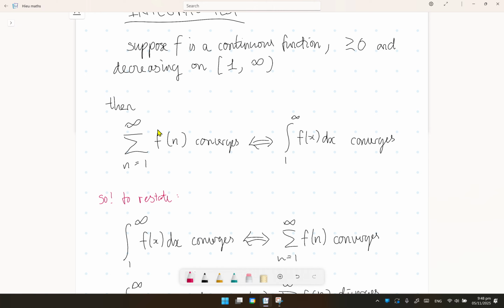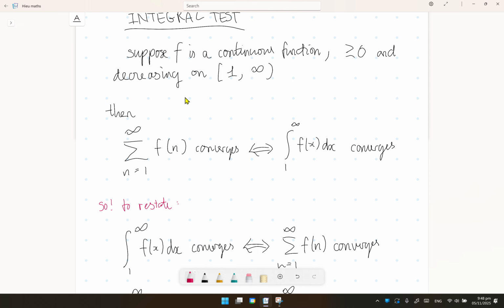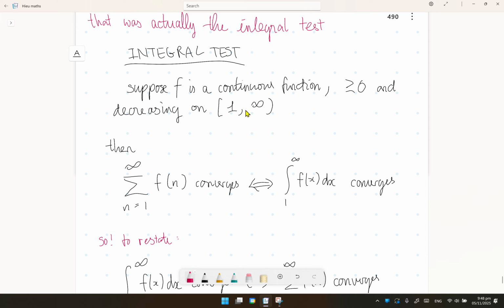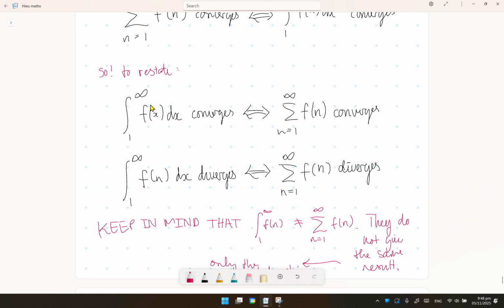So basically, whatever function you got for your sequence, if that is a continuous function and decreasing on 1 to infinity, what you can do is you can do an integral of that function. And if that integral is convergent, then the series would be convergent as well. If the integral of that function is divergent, then the series of that function is divergent.